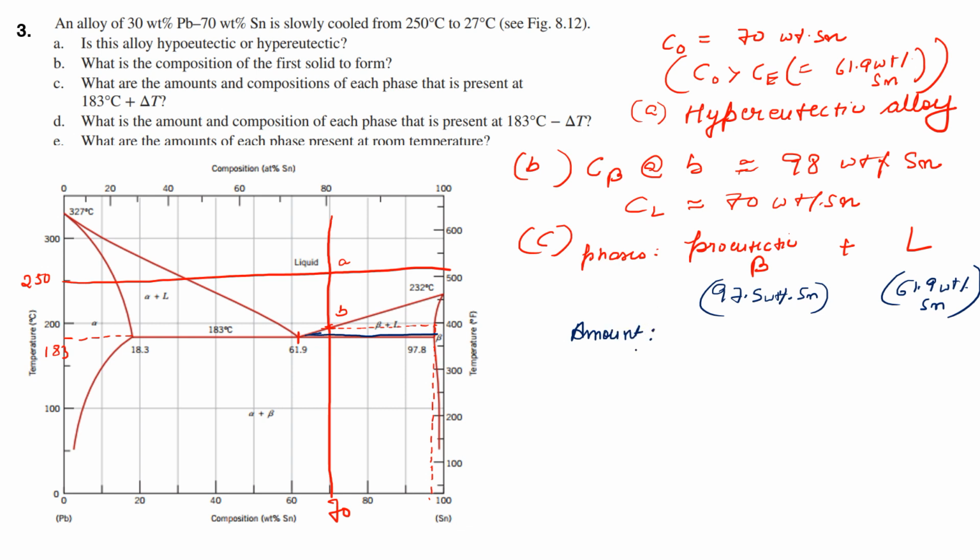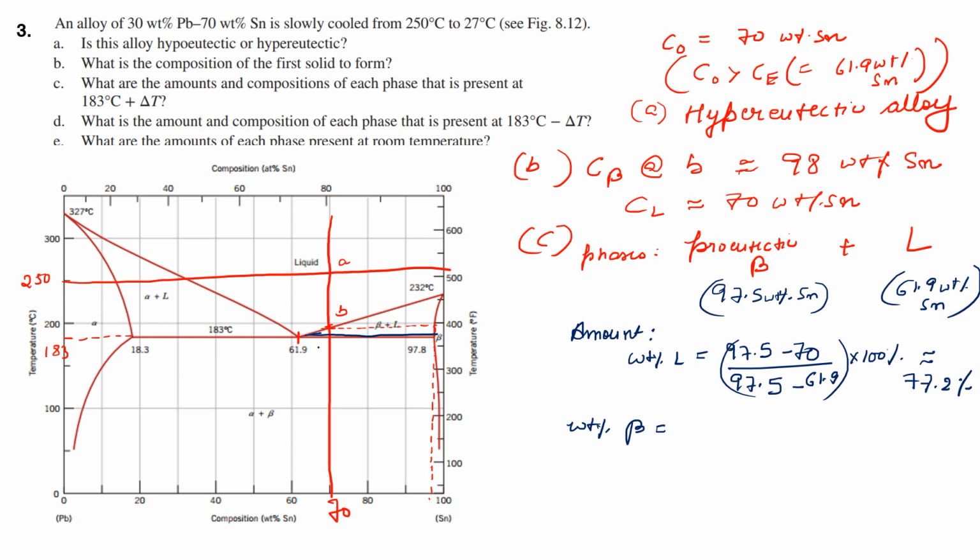So the percentage of liquid can be 97.5 minus 70, divided by 97.5 minus 61.9, which gives me 77.2% of liquid.